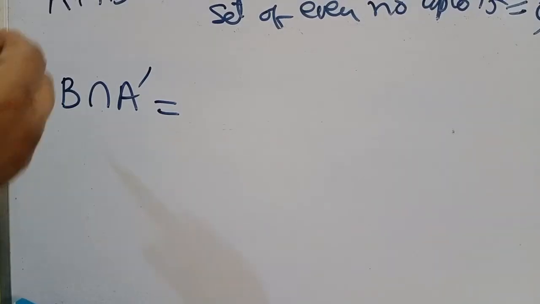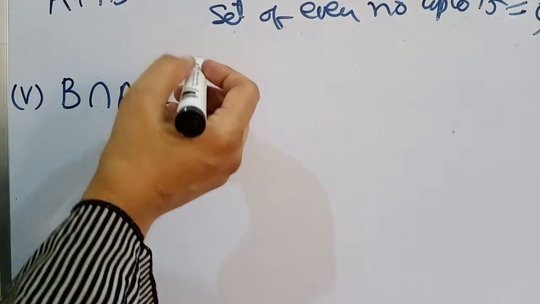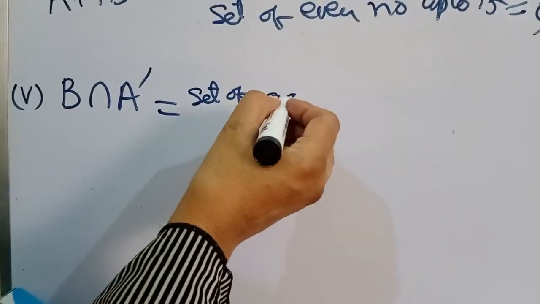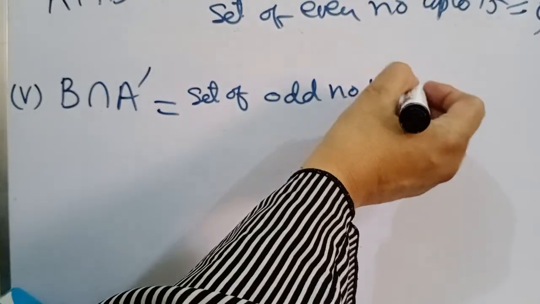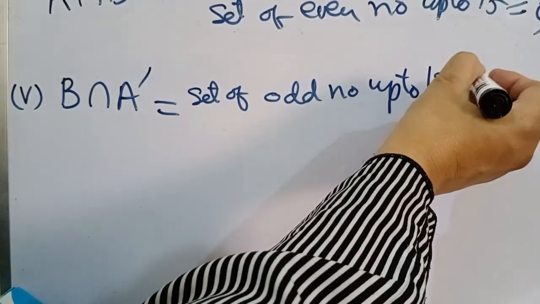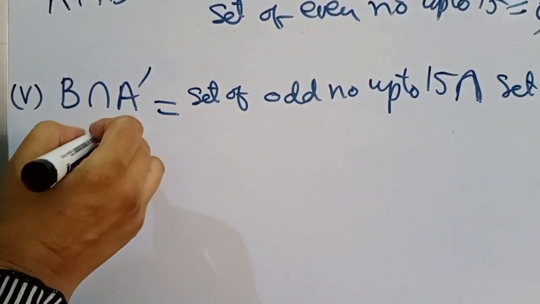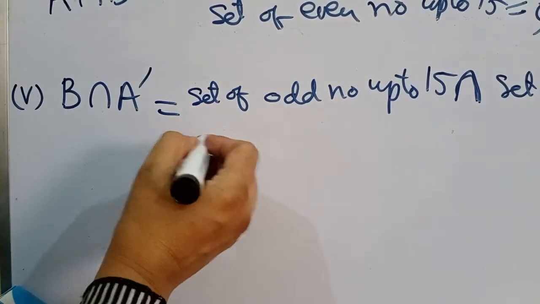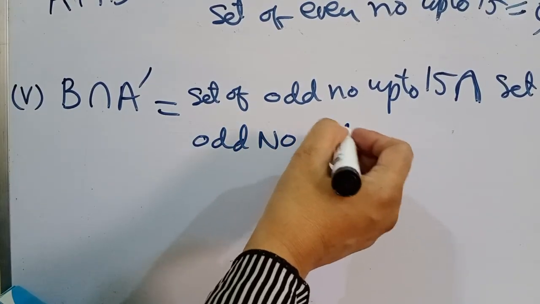Fifth part of question number 4, B intersection A complement. Set B is set of odd numbers up to 15 intersection A complement set is set of odd numbers up to 15.